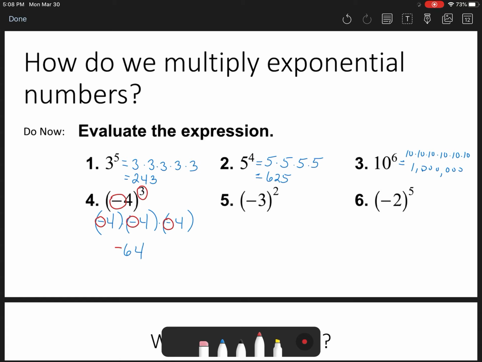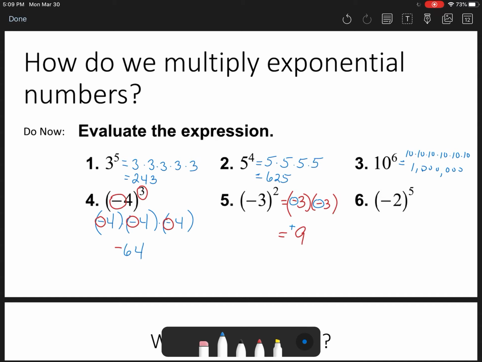If you have a negative base, but your exponent is an even number, your answer is going to be positive. Number 5, negative 3 to the 2nd power is negative 3 times negative 3, which equals positive 9. Again, you've got 2 negatives here. Double negative makes a positive. And number 6, even before we solve this, we can tell whether our answer is going to be negative or positive. Which one do you think it is?